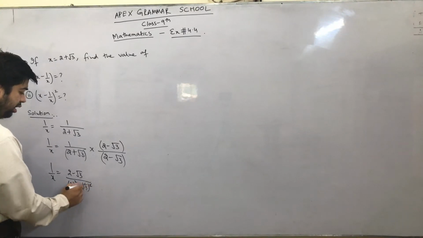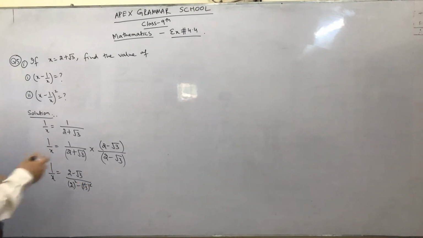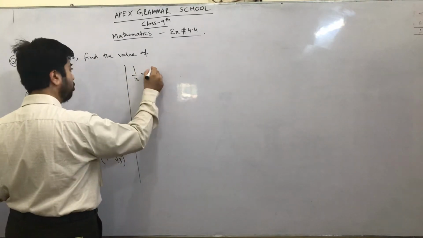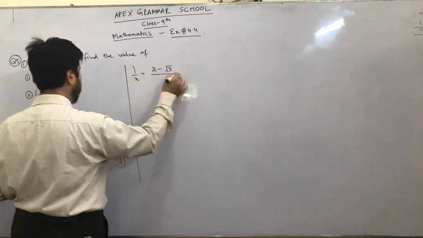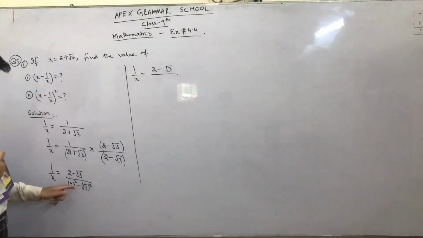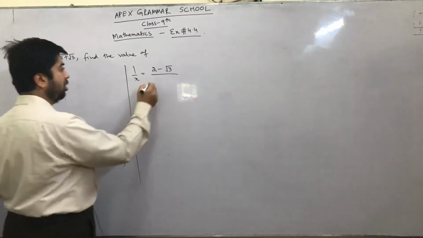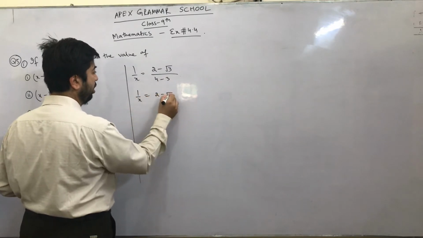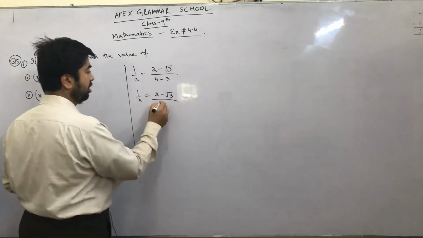The square is cancelled with this square root, and 1 over x is equal to 2 minus square root 3 over, in the denominator, 2 square that is 4 minus 3, that is 1.